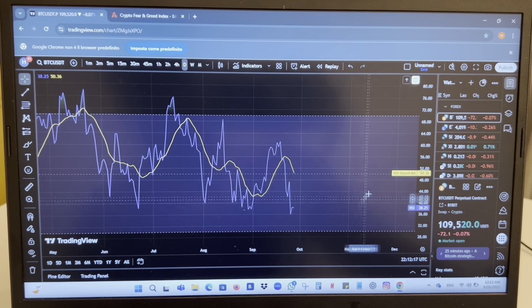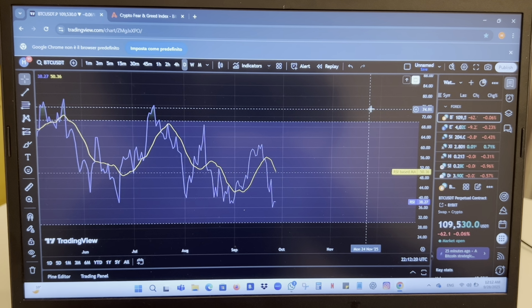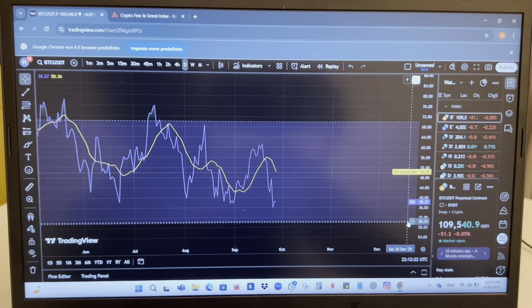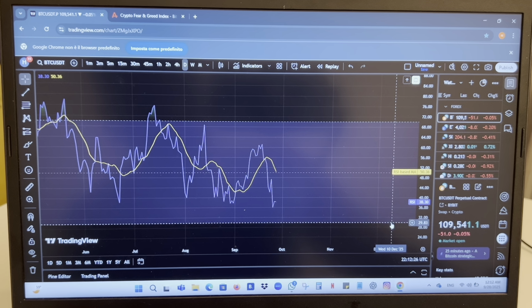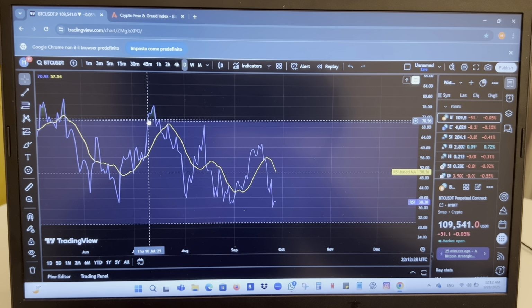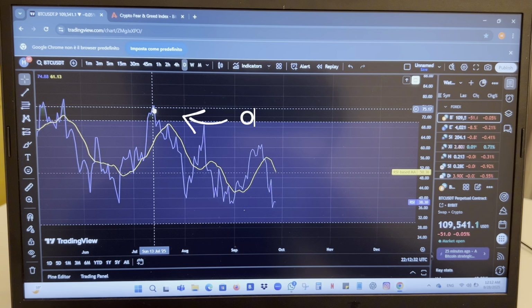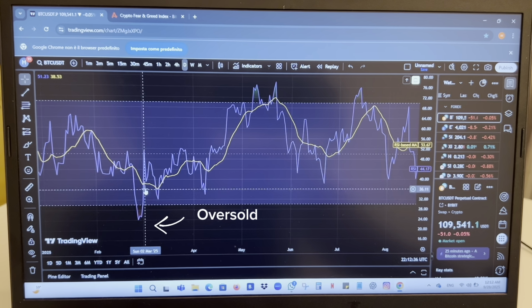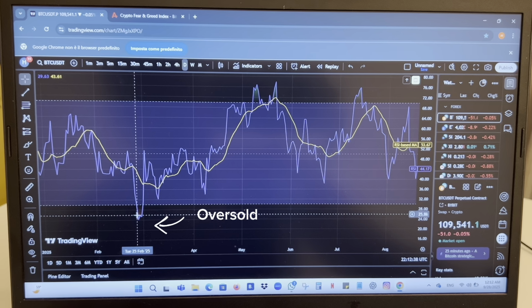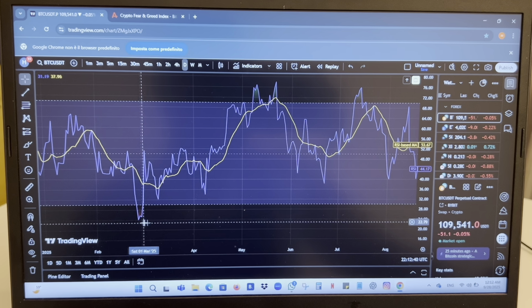And as you guys can see, like I mentioned before, these two are optimal levels. These are the 70 marker and the 30 marker. When it goes above this 70 marker, the coin has been overbought, and when it goes below the 30 marker, the coin has been oversold.